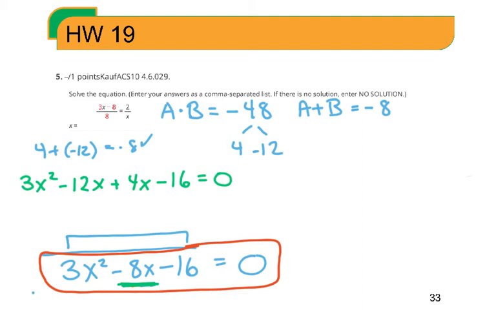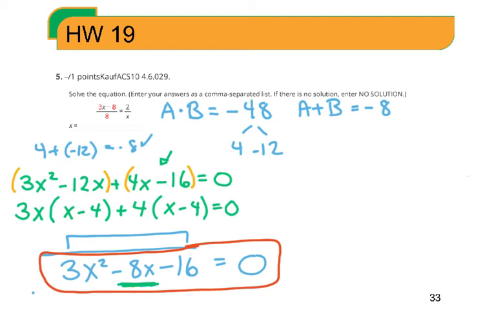Now group, and we're ready to factor out the common factor of each group. This will be 3x, leaving me with x minus 4. What can I factor out over here? I think I can factor out a 4. It better leave me with x minus 4, and it does.